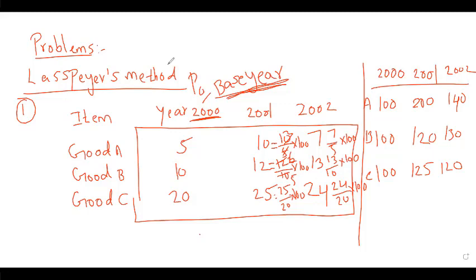Tell me the formula for P01 in Laspeyres: summation P1 Q0 divided by summation P0 Q0 into 100.